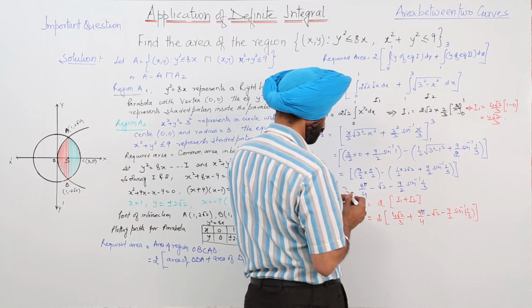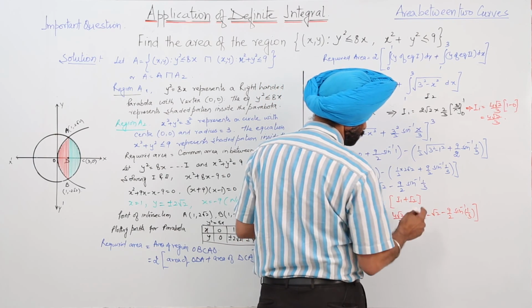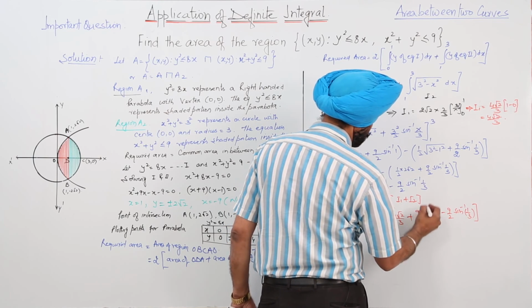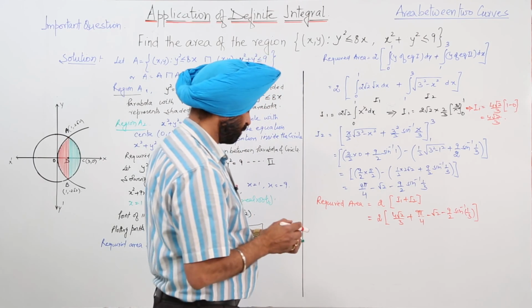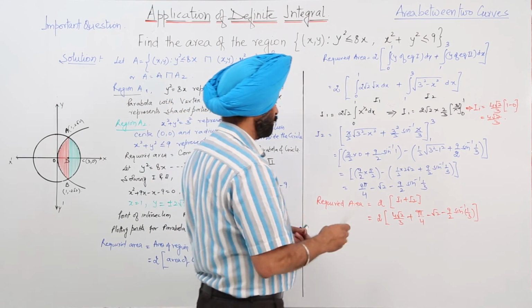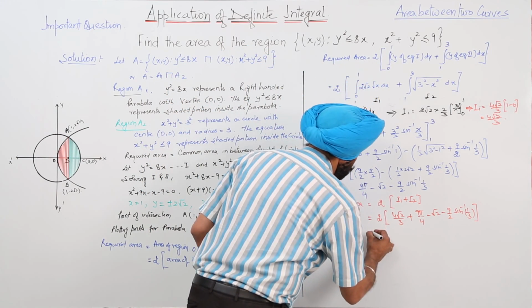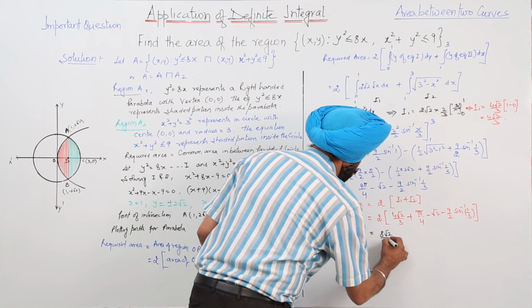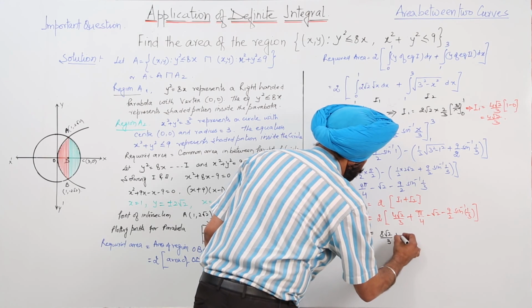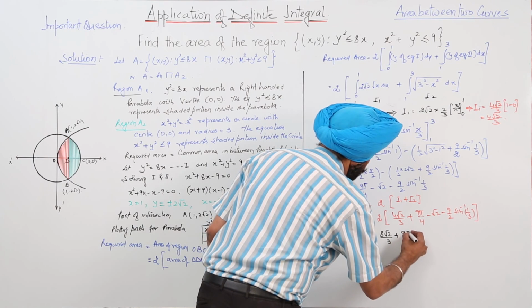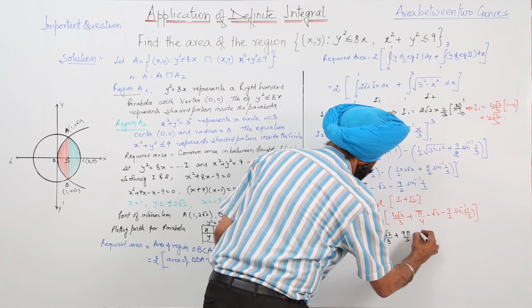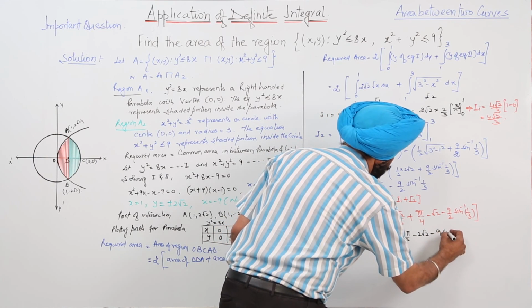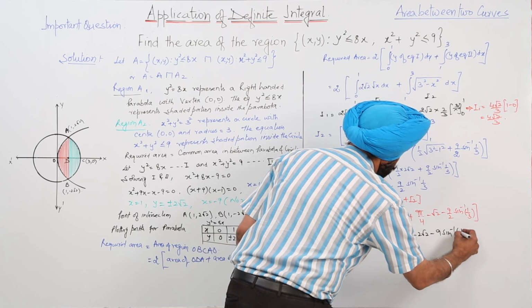So now finally what we are having? 8 root 2 by 3 plus 9 pi by 2 minus 2 root 2 minus 9 sine inverse 1 by 3.